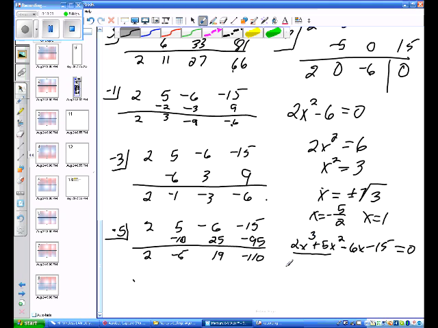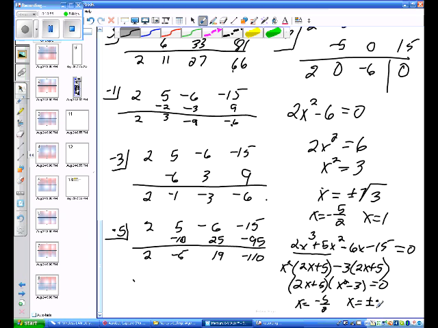So right here we could factor out an x squared and have 2x plus 5. Here we could factor out a 3 and have 2x plus 5. So we have 2x plus 5 times x squared minus 3 equals 0. So we would have x equals -5/2 and x equals plus or minus the square root of 3.